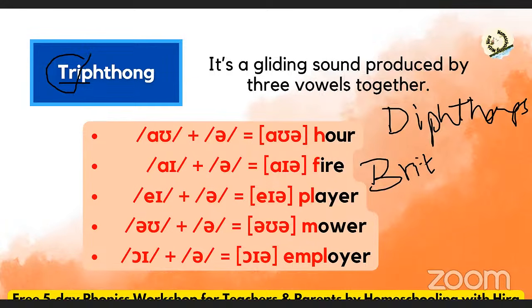American English has different triphthongs. For example, in British English, if you have an R followed by a vowel, we don't pronounce it. So this triphthong is our. Ow, and this is our.